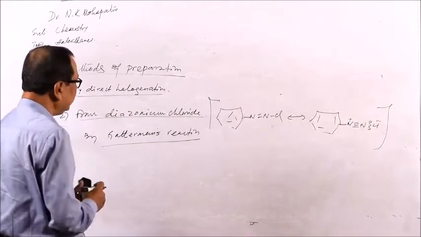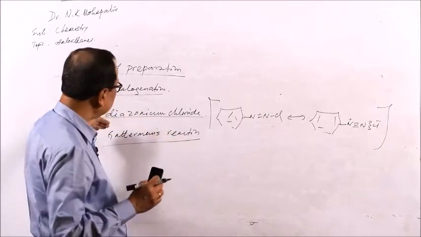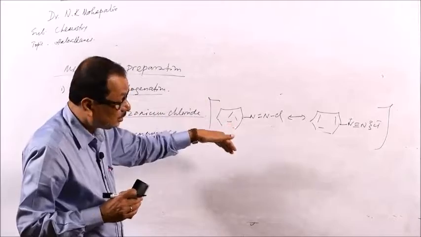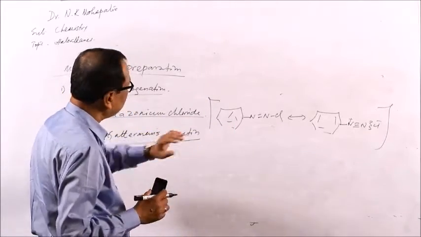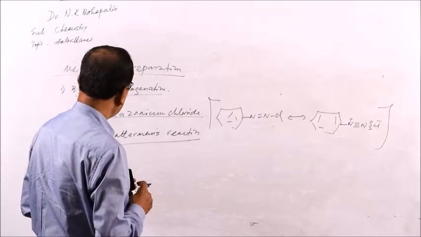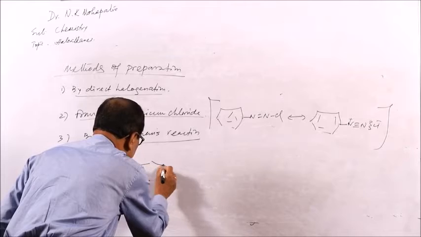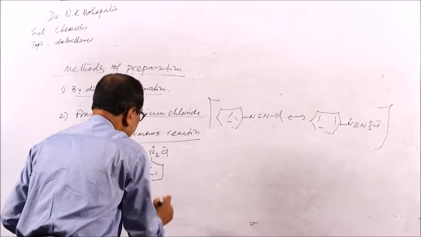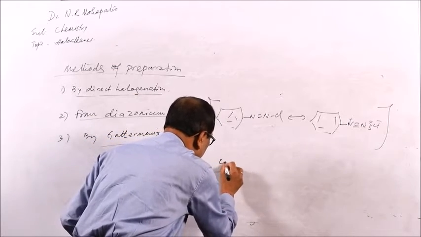Gattermann reaction is a modification of Sandmeyer reaction where the starting material is benzene diazonium chloride with HCl in presence of metallic copper. Then you get the corresponding aryl halide. Benzene diazonium chloride plus HCl in presence of copper powder gives chlorobenzene plus N2.